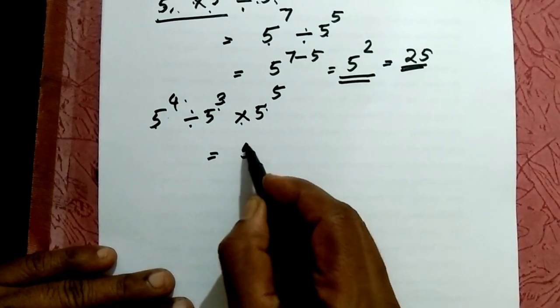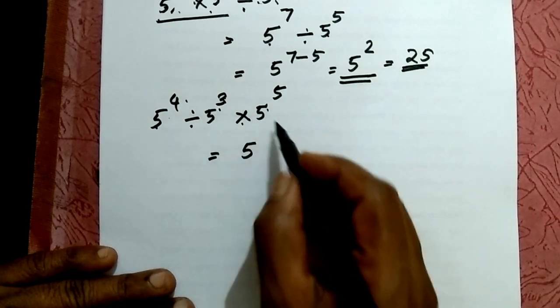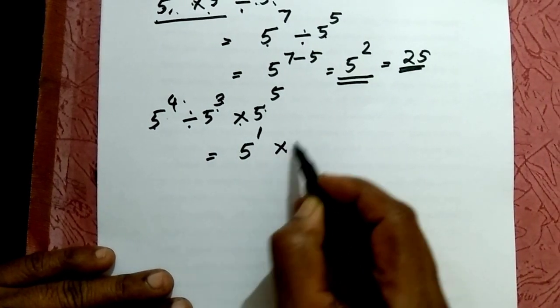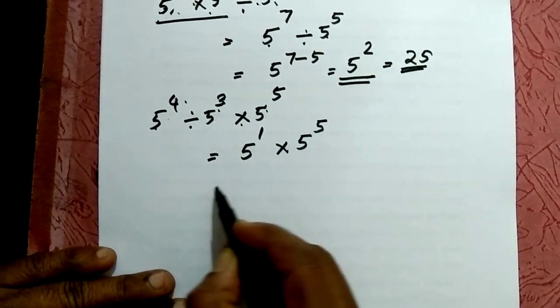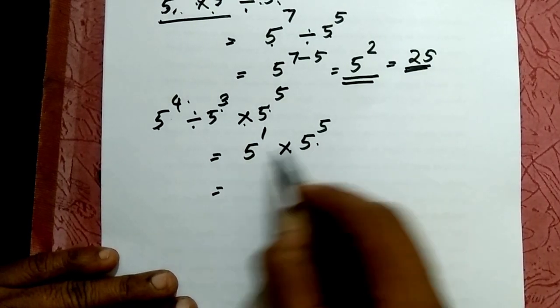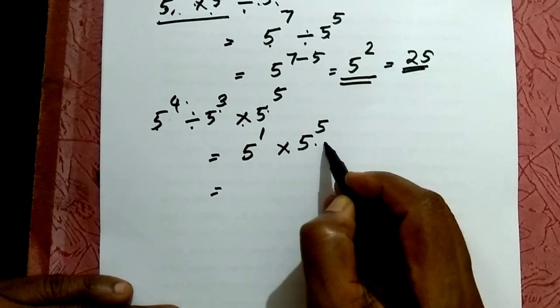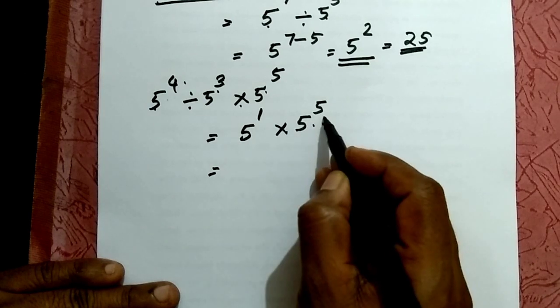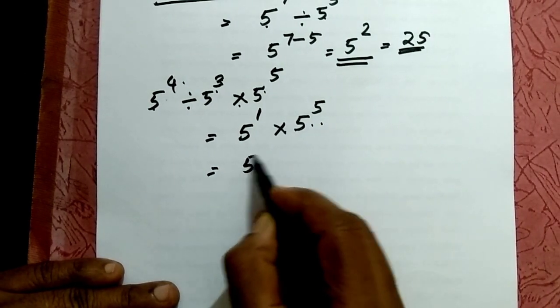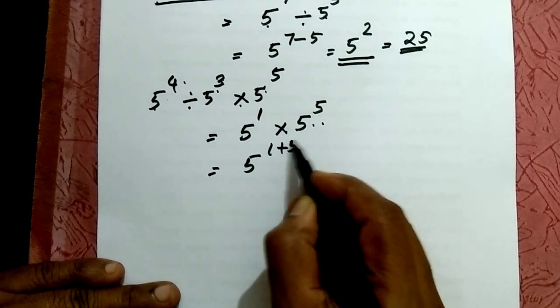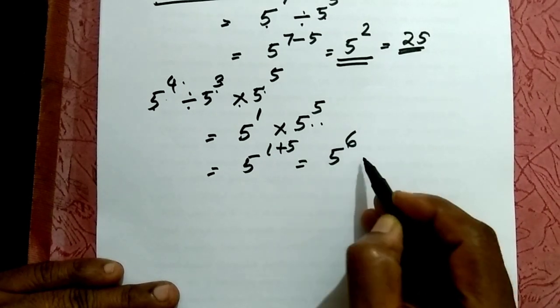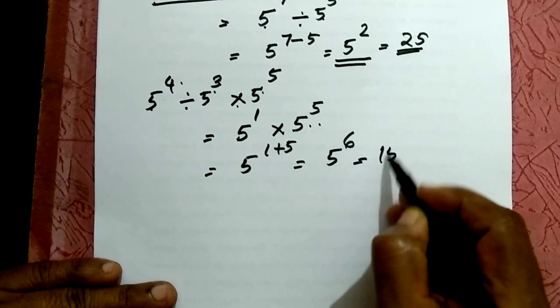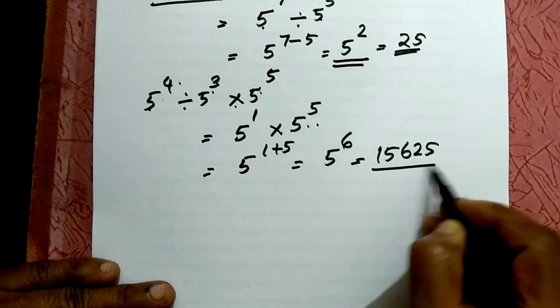So 5 raised to 4 minus 3. What is 4 minus 3? 1, into 5 raised to 5. Now this became a raised to m into a raised to n method. So a raised to m into a raised to n is equal to a raised to m plus n. So 5 raised to 1 plus 5 is equal to 5 raised to 6, that is equal to 15625.